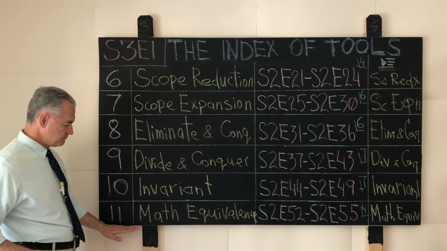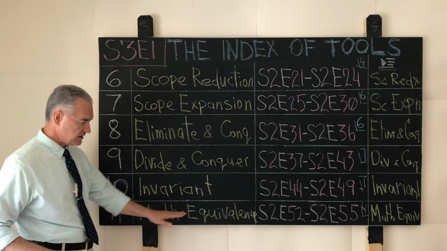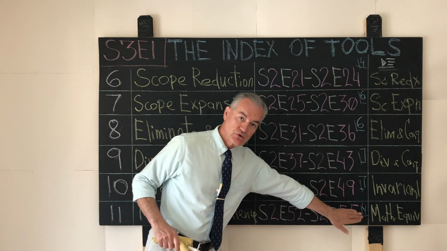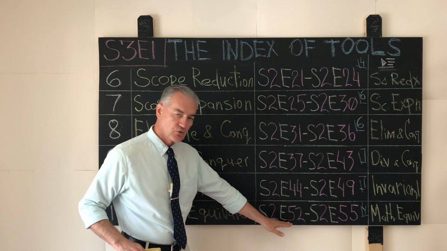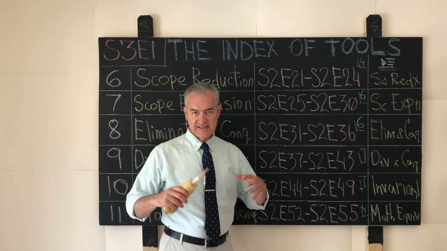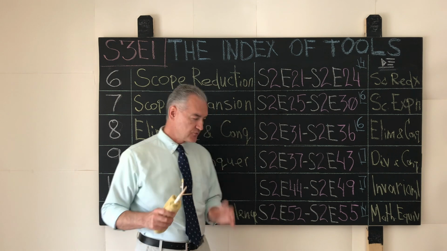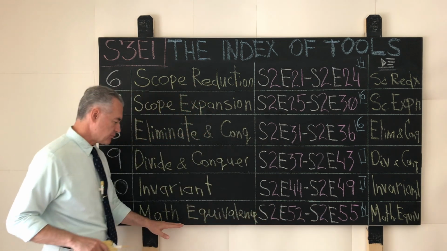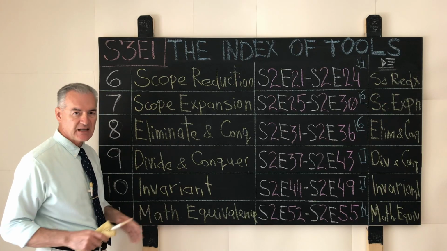Now, the last, so to speak, problem-solving approach, number 11, called mathematical equivalence, we study across 4 episodes, starting with season 2, episode 52, where I set things up. Here you have to be careful because I switch gears a lot. This problem-solving approach is quite demanding.